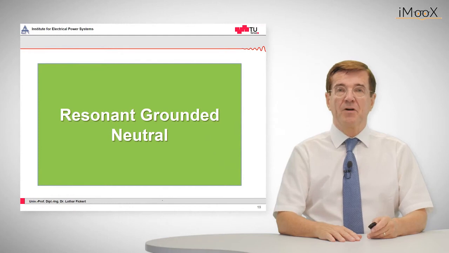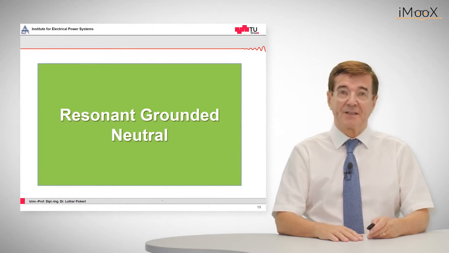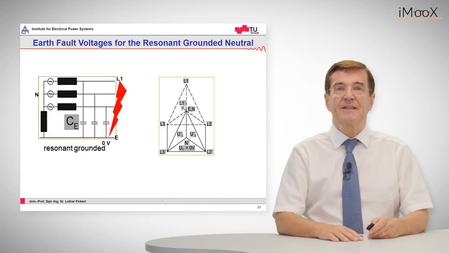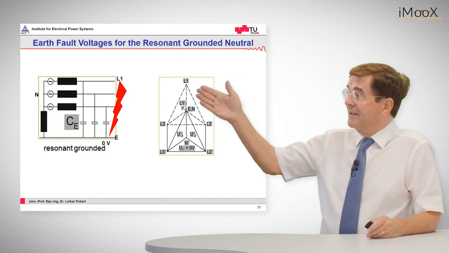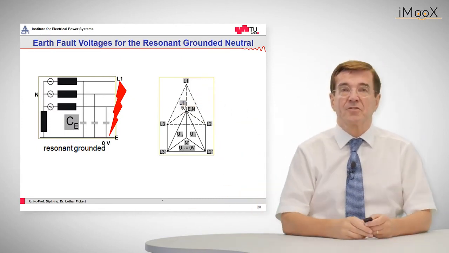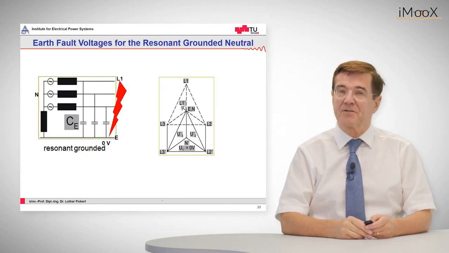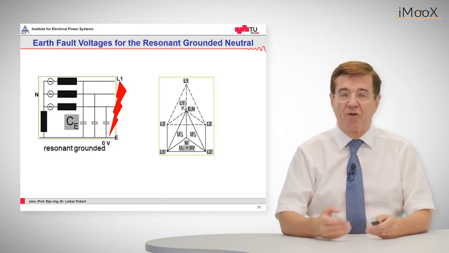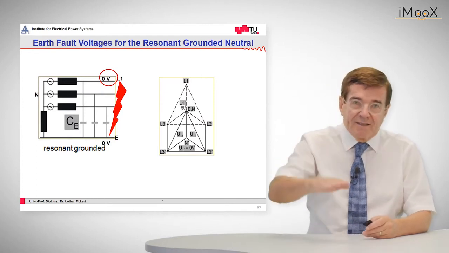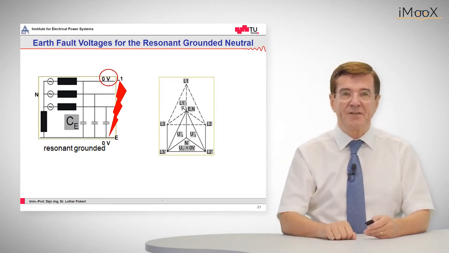In many modern medium voltage and high voltage networks, the neutral treatment is the so-called resonant grounded neutral. In the resonant grounded neutral, there is between the neutral of the transformer and ground a so-called arc suppression or Peterson coil inserted. Now, the fault starts. Again, the faulty line is drawn in its potential to 0.